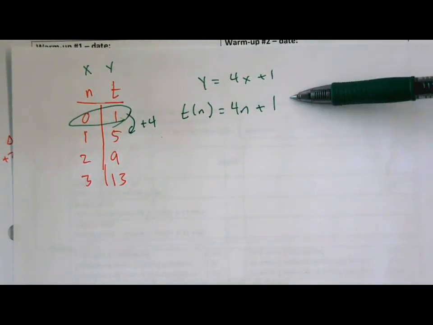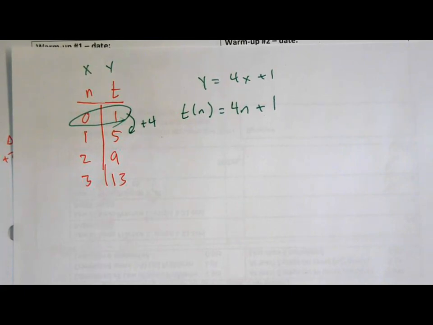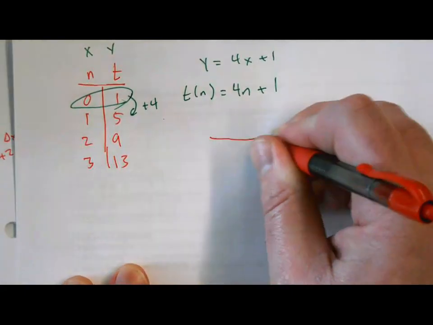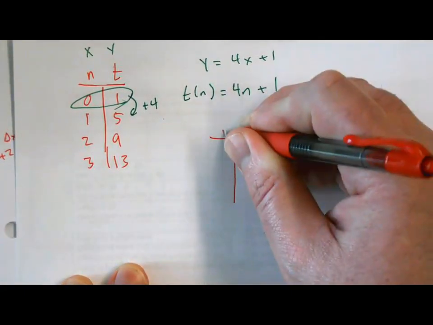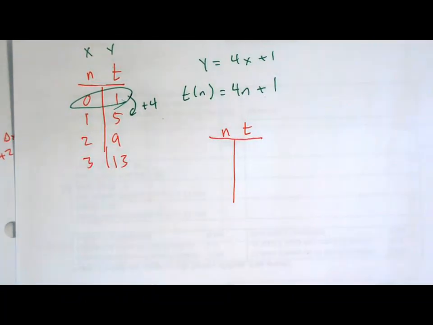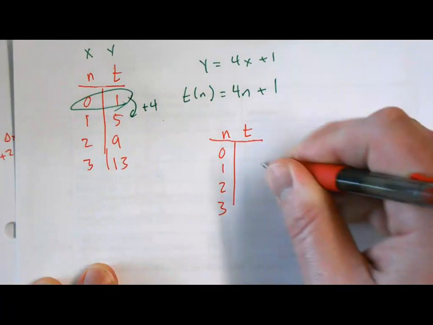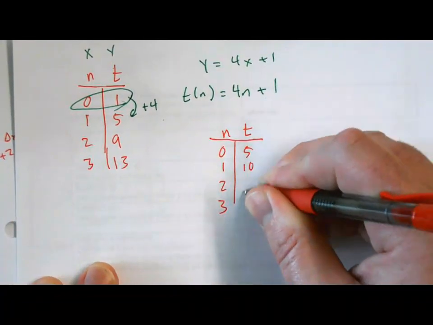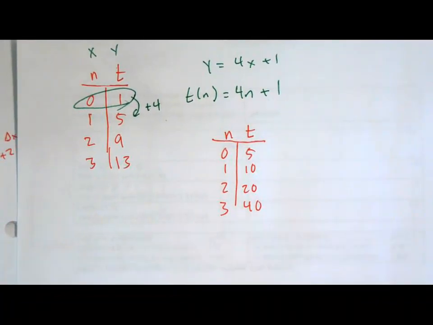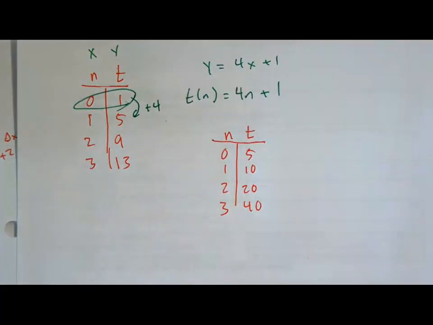We were just using t and n instead. You guys notice that? All right, well, check this out. I got some great news for you. How many of you, again, you don't need to worry about writing this down, how many of you would feel comfortable writing an equation for this sequence? Let's say this was 5, 10, 20, 40. Is this arithmetic or geometric this time?